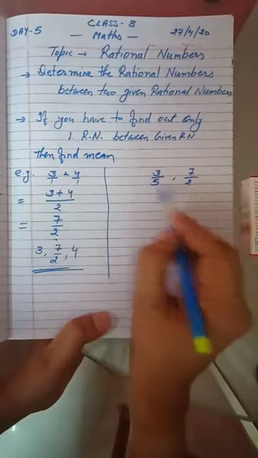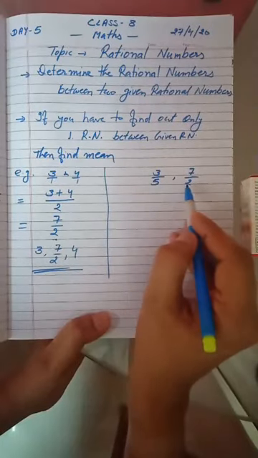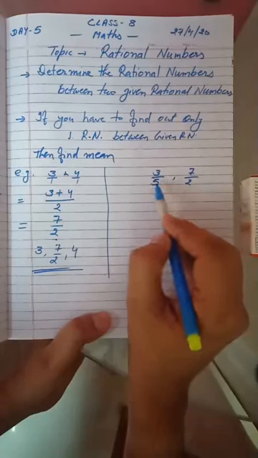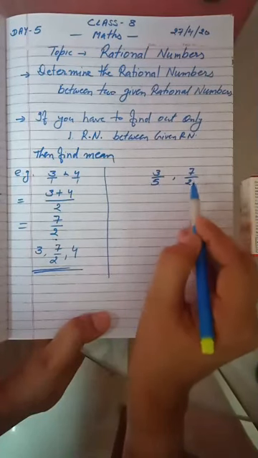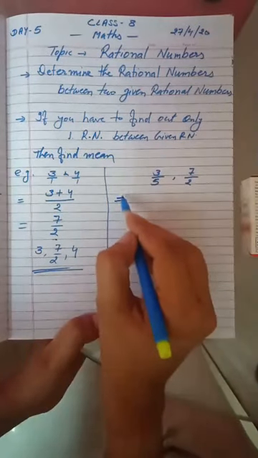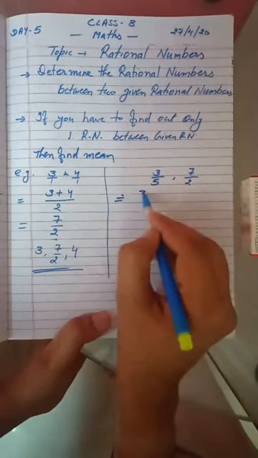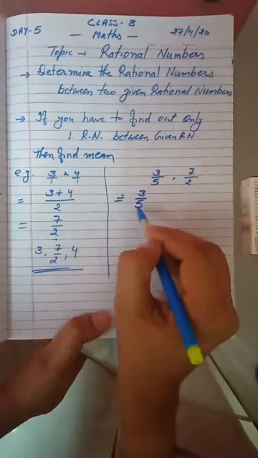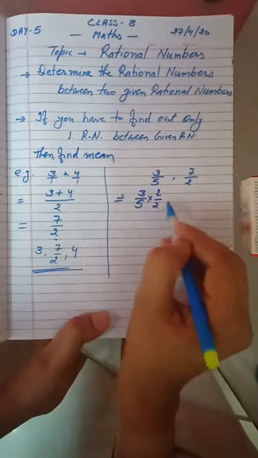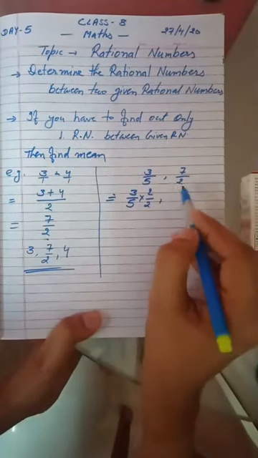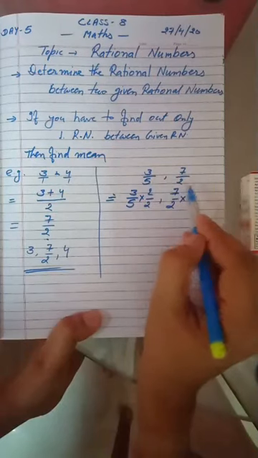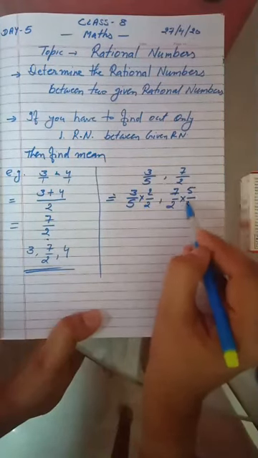So to make the denominators the same, we multiply and divide 3 upon 5 by 2, and multiply and divide 7 upon 2 by 5. We have done this type of problem earlier. 3 upon 5 is multiplied and divided by 2, the other number's denominator, and 7 by 2 is multiplied with the first number's denominator.